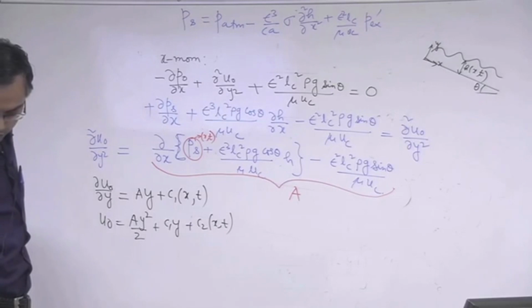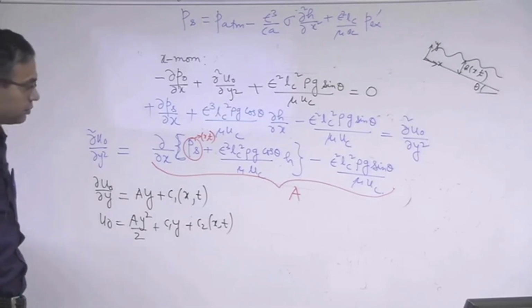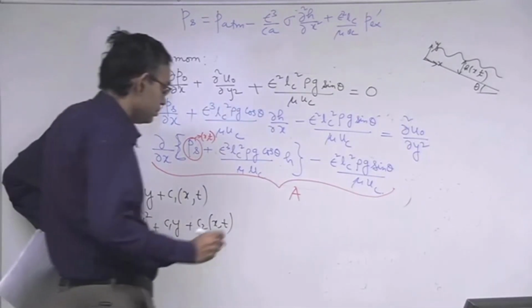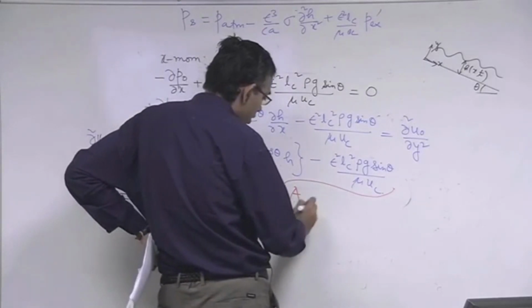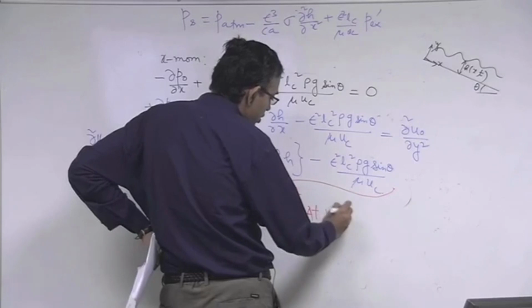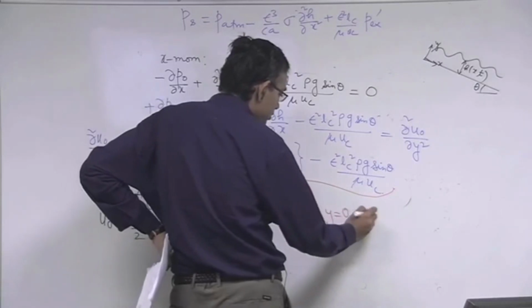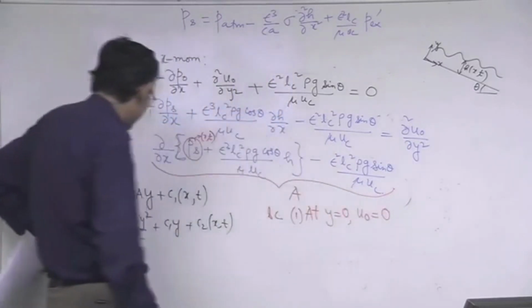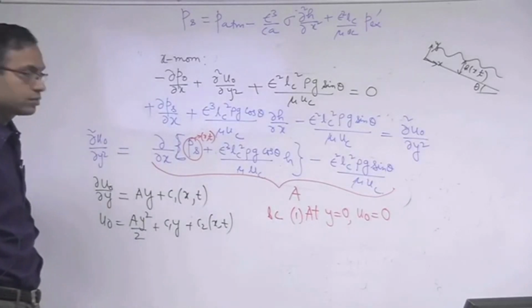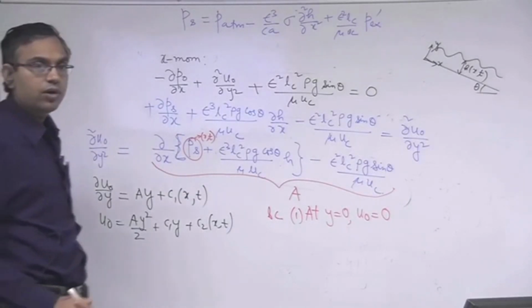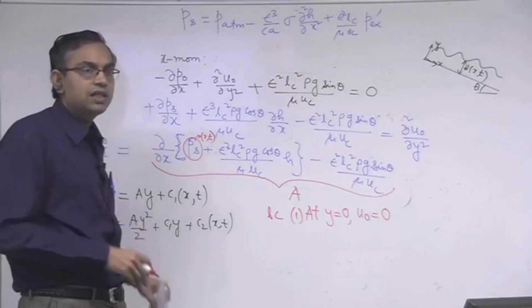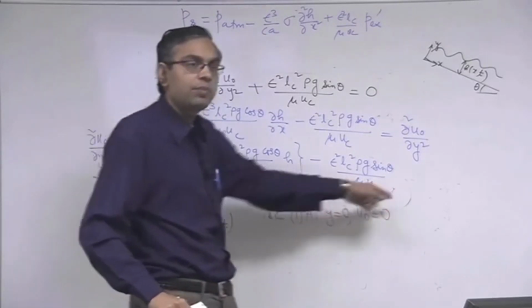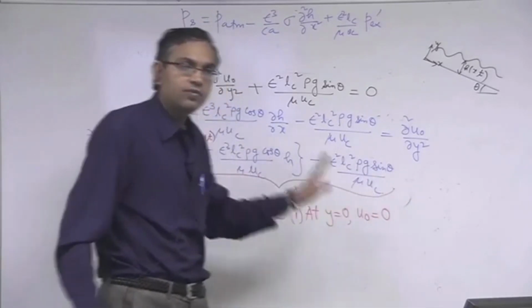So, what are the boundary conditions? At y is equal to 0, u0 equal to 0. This is the straightforward no slip boundary condition. If there is a slip boundary condition, instead of this you apply the slip boundary condition, straightforward.